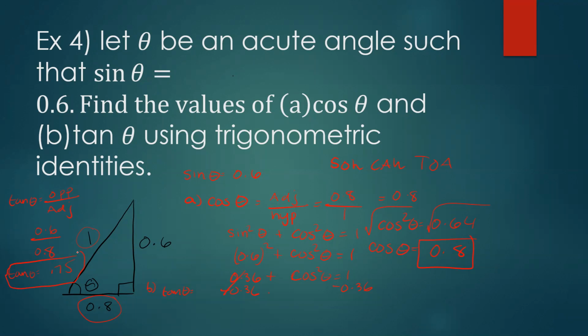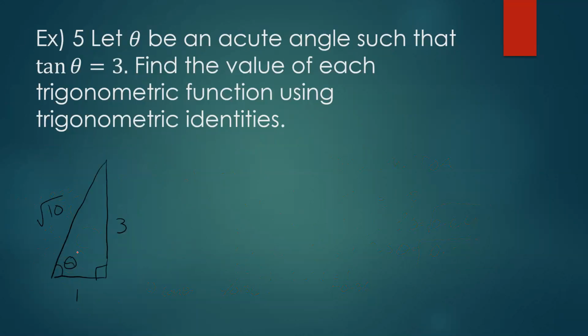Let's move on to example 5. I think there's only a few more examples. Okay, so example 5 says, let theta be an acute angle, acute means less than 90, such that tan theta equals 3, so that's given. Find the value of each trigonometric function using the trigonometric identities.